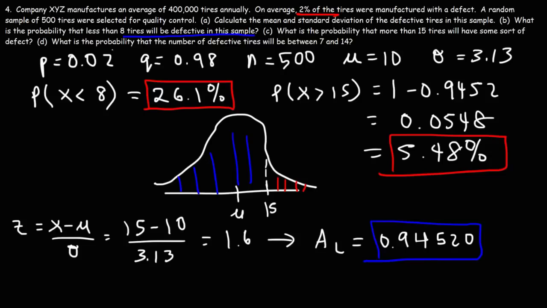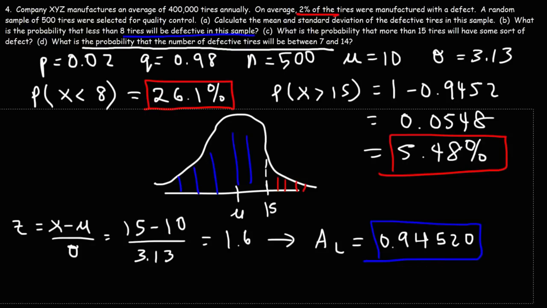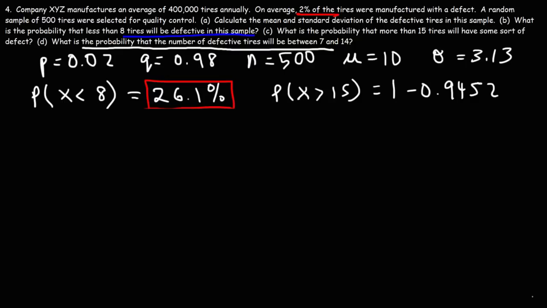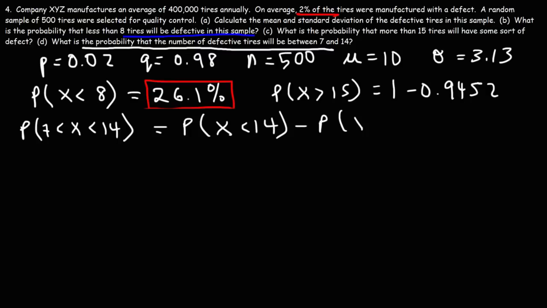Now let's move on to part D. What is the probability that the number of defective tires will be between 7 and 14? So what is the probability that x is between 7 and 14? So this is going to be the probability that x is less than 14 minus the probability that x is less than 7.